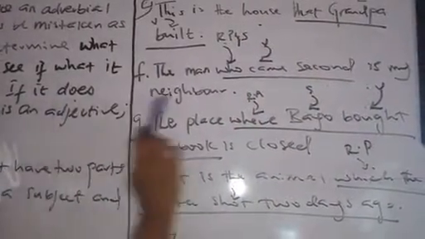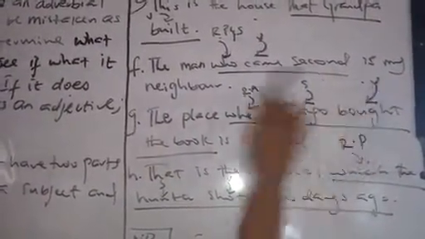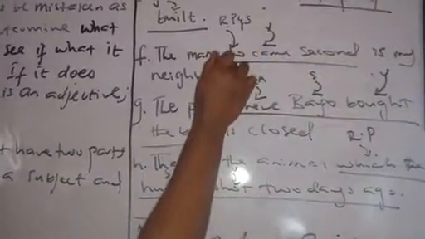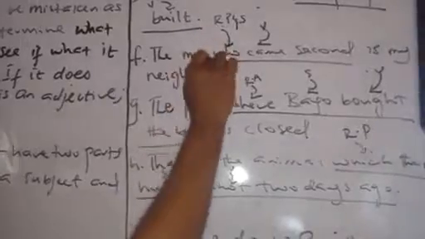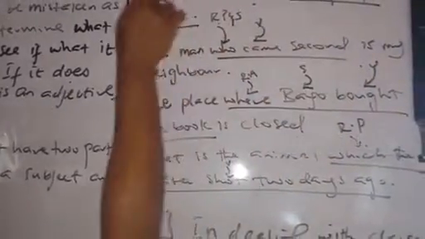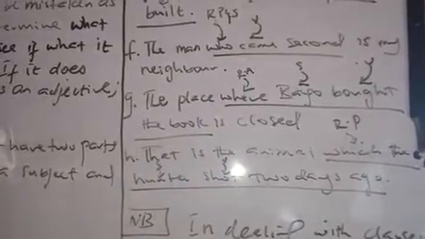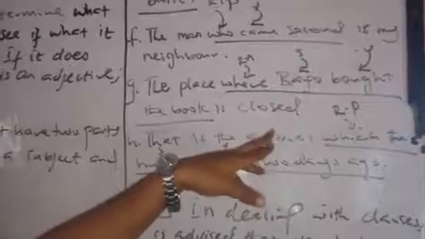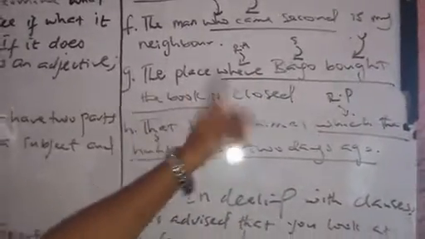They will have: the man who came second is my neighbor. Who is the relative pronoun introducing this, and they are all modifying the man, which is the noun phrase. The place where Buyer bought the book is closed.